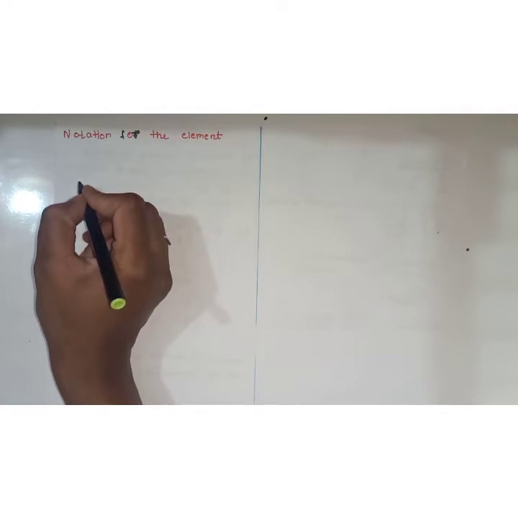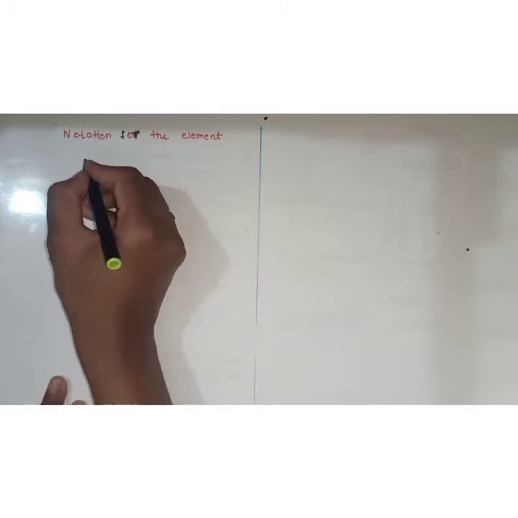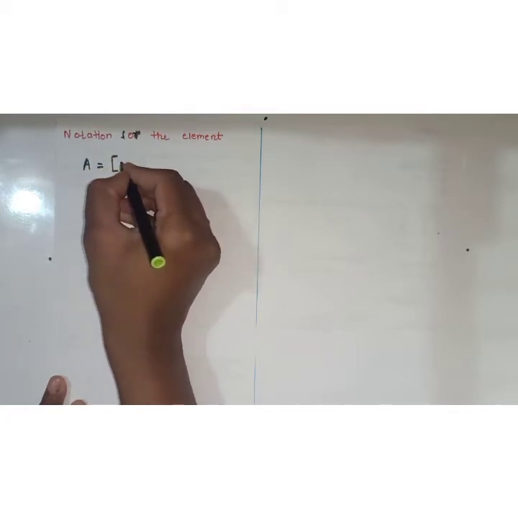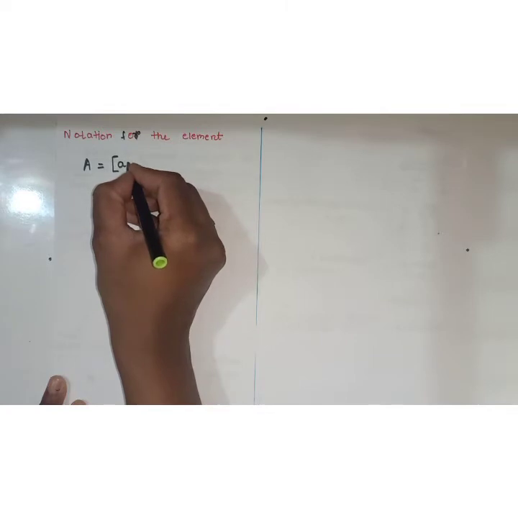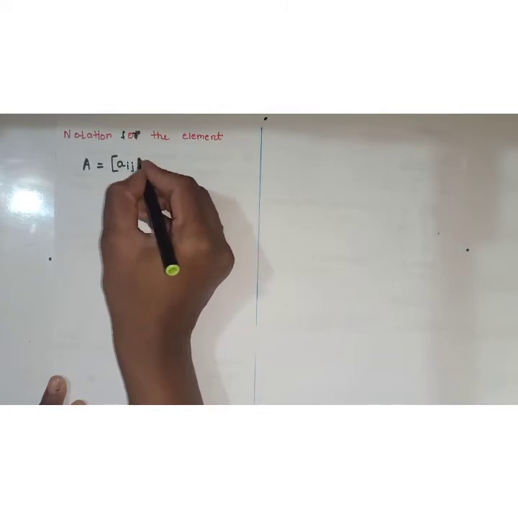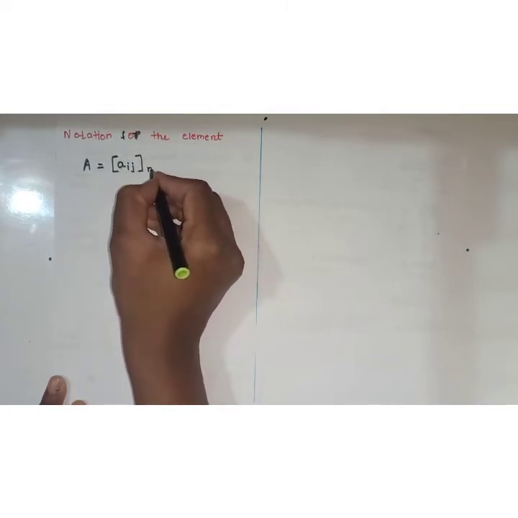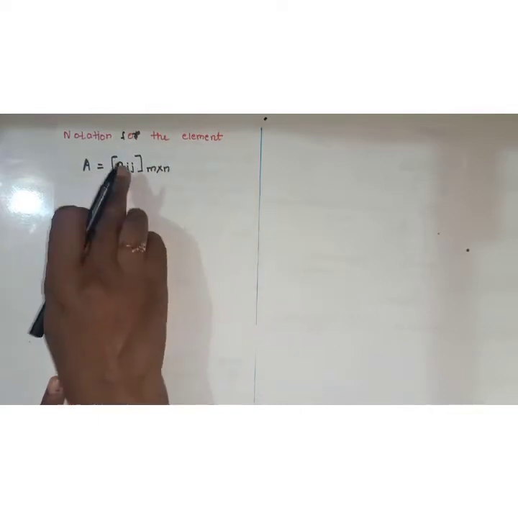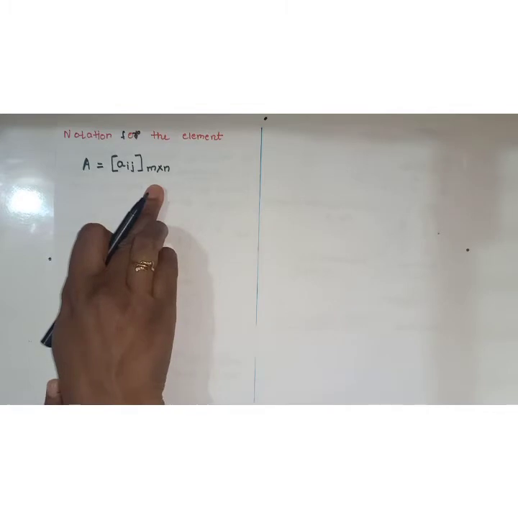If your matrix is of order m by n, and A is your matrix, then each element is represented as Aij, and this matrix is of order m by n.